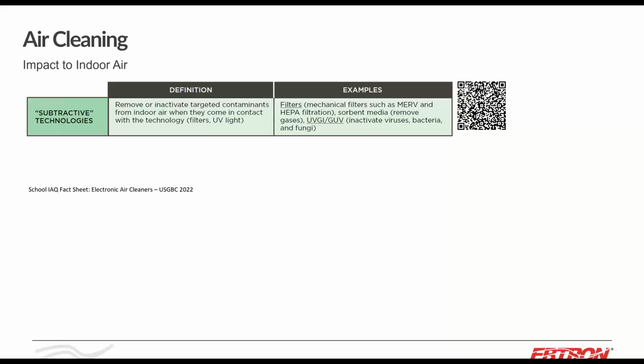And then you have sorbent media that will absorb gases, such as perhaps formaldehyde or CO2, whatever you're trying to remove from the air. And then you have UV light. UV light has been around for decades and is very successful at killing things and inactivating viruses and so forth. There's upper room UV and there's direct UV in the HVAC system that does a very good job.